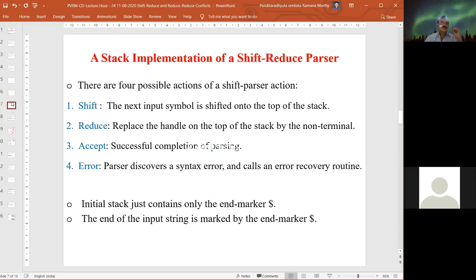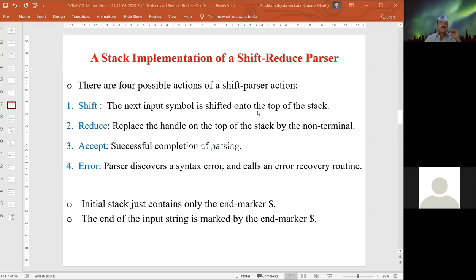We saw in the last classes how we implement a shift-reduce parser using a stack. In that implementation, we have an input string, a stack, and then we create a table. By consulting the top of the stack and the input symbol in the parser table, we identify what action we need to perform on the next step.